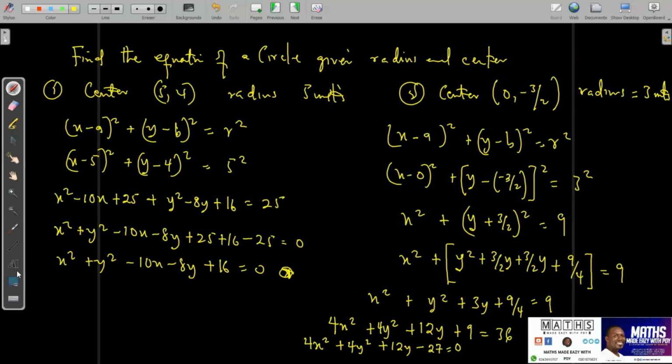If that is clear, then I'm so happy you've actually understood the equation of a circle, how to generate it, and what means you need to use to generate it.